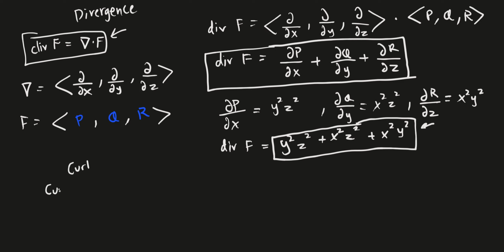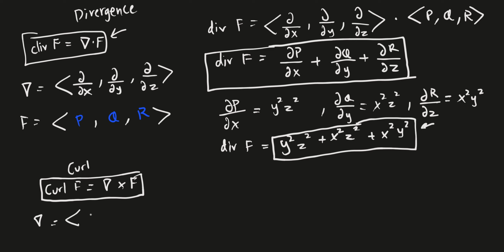The curl of F is del cross F. That's basically it. That's the formula. Del, same thing, is partial with respect to x, partial with respect to y, partial with respect to z. Actually, let me not write this out because I already wrote it before. Let me just set up the formula straight up.